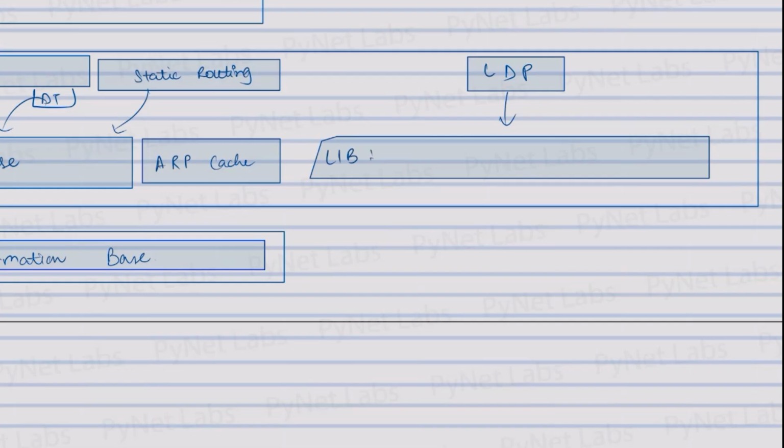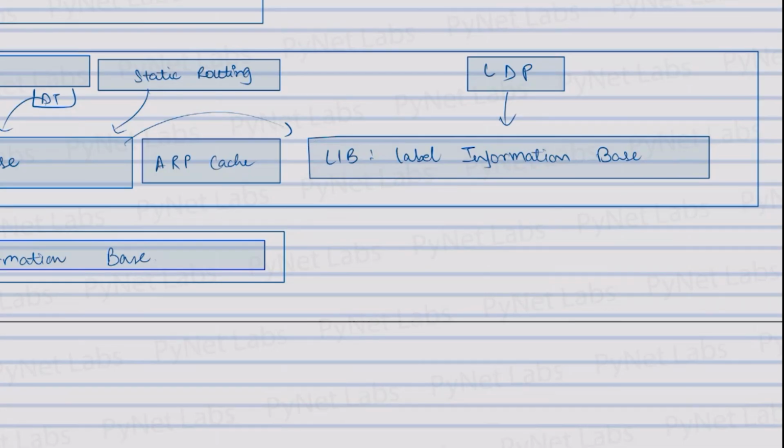LIB stands for Label Information Base, which is nothing but a table defining what label should be used with the prefixes which we have inside, we can say, the RIB. So whatever RIB routes we have, whatever the best routes we have, now we will put a label to them, and the details about those labels are stored inside LIB, called the Label Information Base.